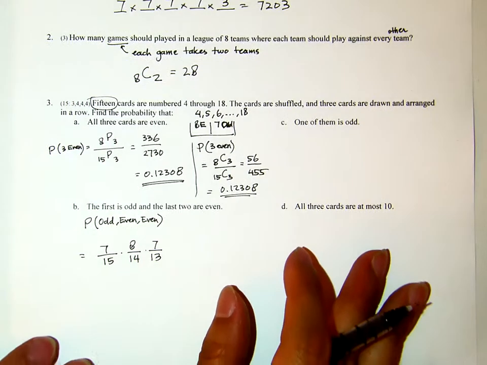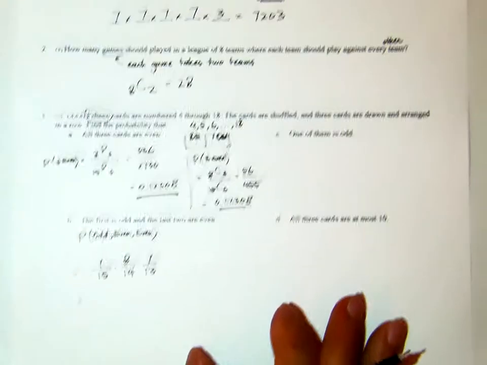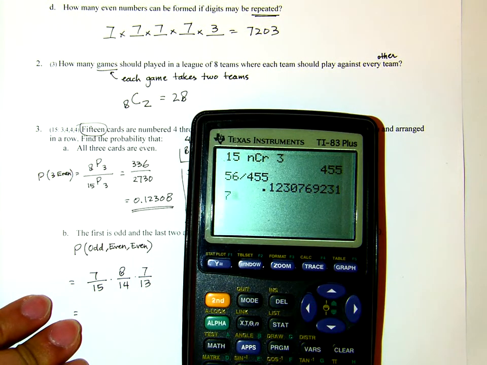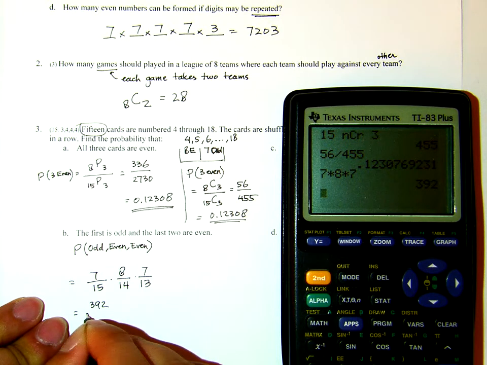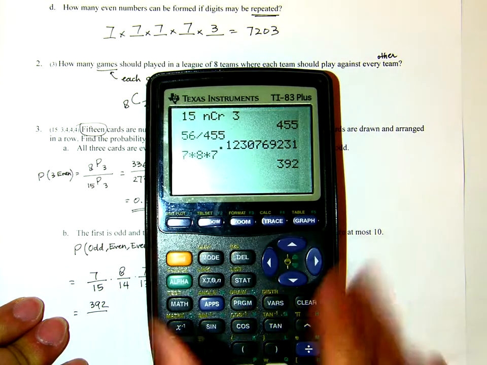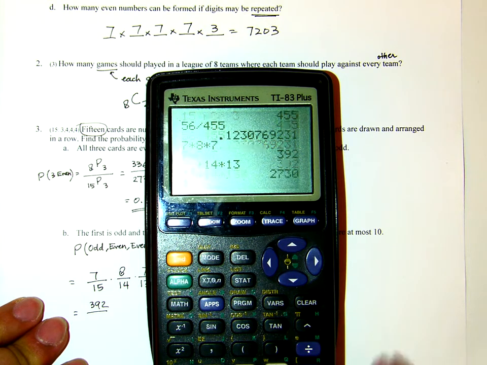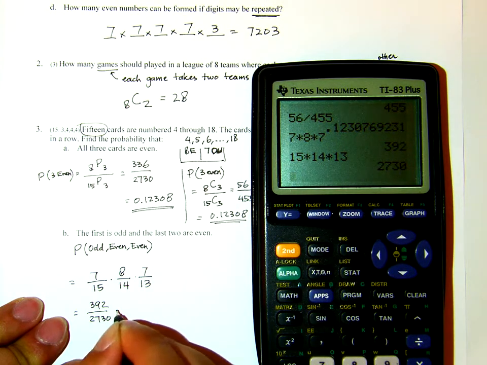Now, let me compute that first. This is 7 times 8 times 7, that is 392, divided by 15 times 14 times 13, which is 2730.